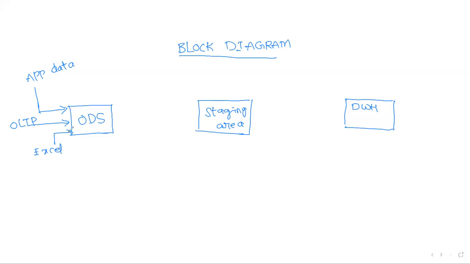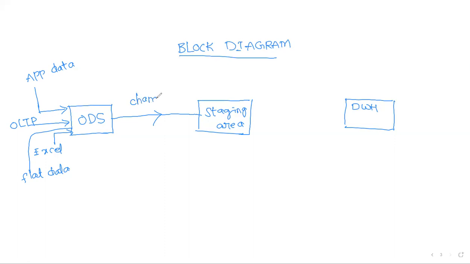So Excel files also as an input you can give, and you can give some flat data also. So these are the input data, and heterogeneous, because OLTP is different from app data, is different from Excel, is different from flat data. It means heterogeneous data I am giving to ODS. So the whole data here, I am extracting from app data, OLTP data, Excel data, flat data, and storing in ODS, operational data store. Now, this operational data store is connected to staging area after some changes.